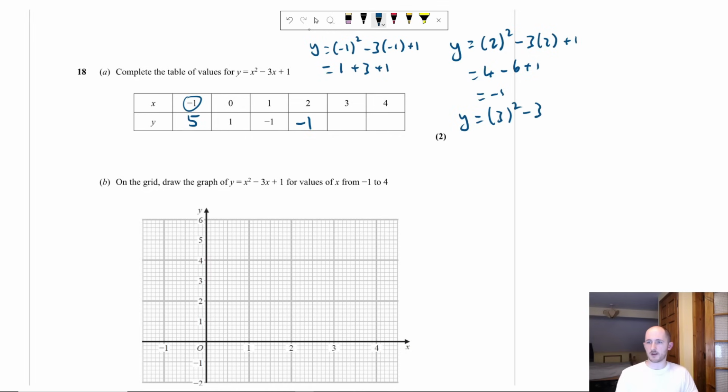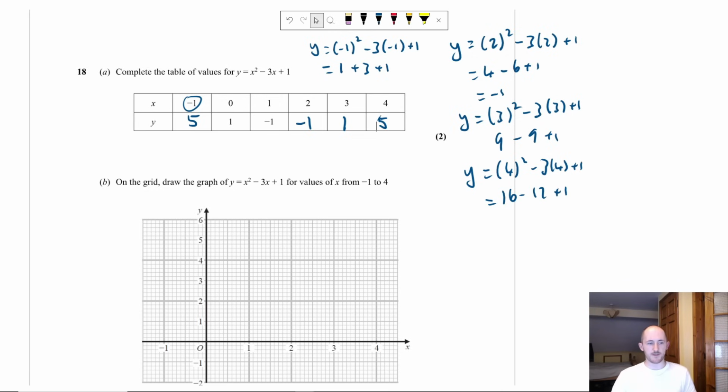And I'll go through what the mark scheme is in a second. So 3 squared, that would be 9 minus 9 plus 1 equals 1. Same thing for 4. 4 squared minus 3 times 4 plus 1. That's 16 minus 12 plus 1, which is 5.